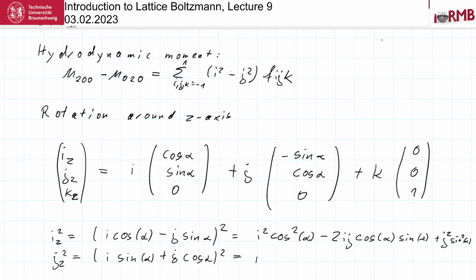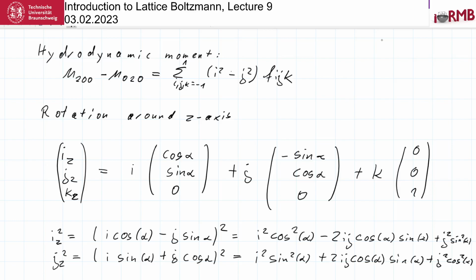So this you can distribute as I square sine alpha. Now here comes a plus 2 ij cosine alpha sine alpha plus j square cosine square alpha.